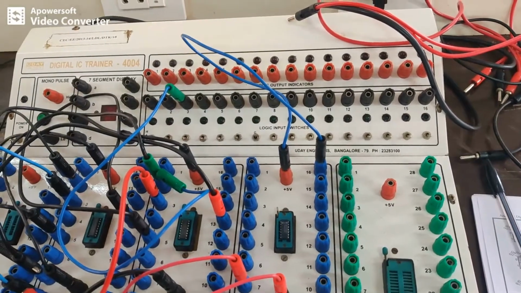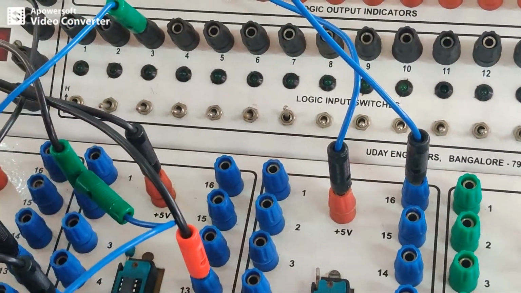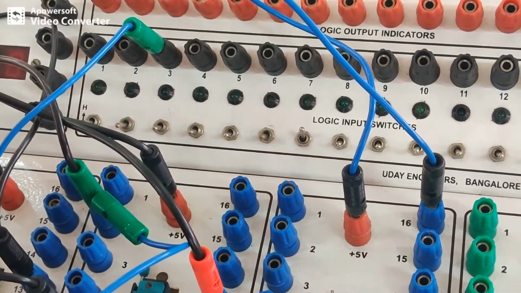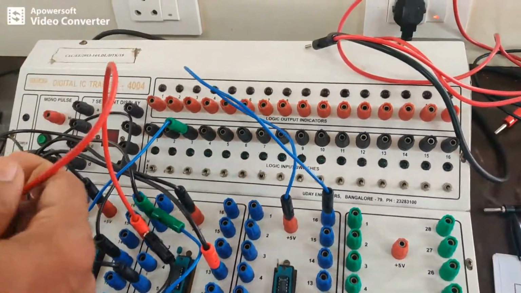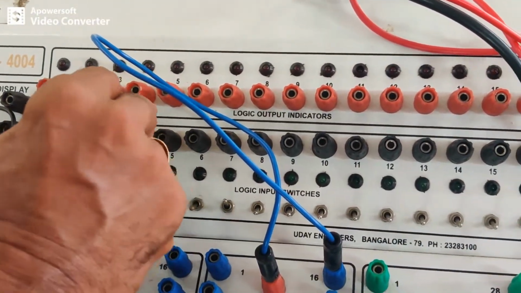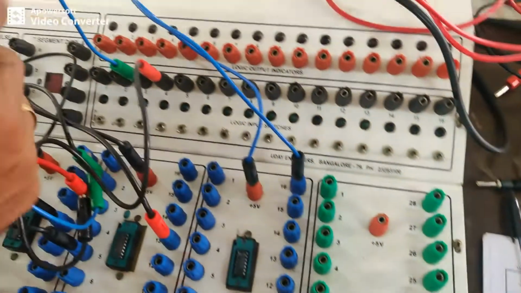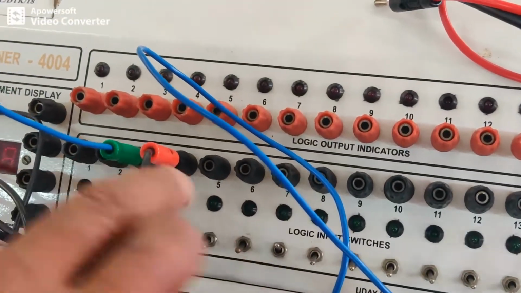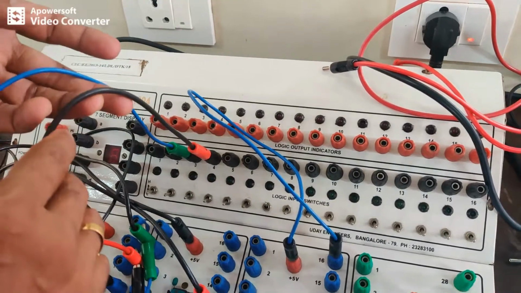From pin number 3, you take one more tapping that goes to the input called clear. Here you can see the blue patch cord is preset and the black patch cord is clear.